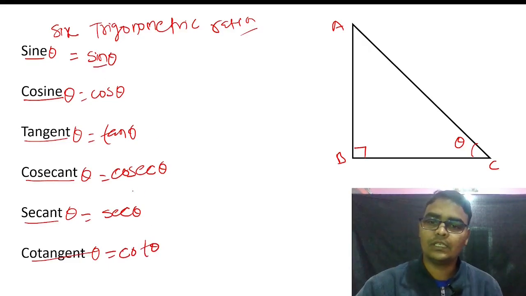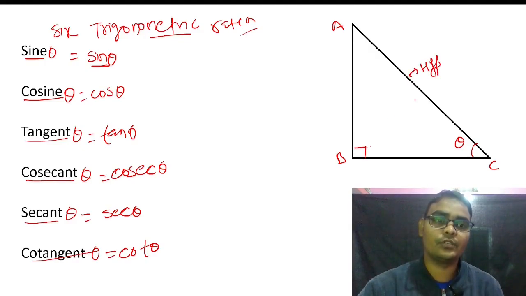Further, we will learn the relation between the sides of the right angle triangle and the trigonometrical ratios. What is the relation between them? As we know, this is the hypotenuse because it is opposite to 90 degrees, this is the base, and this is the perpendicular.